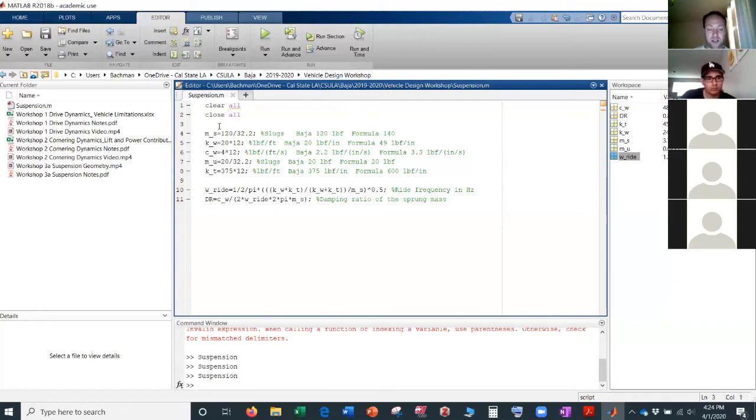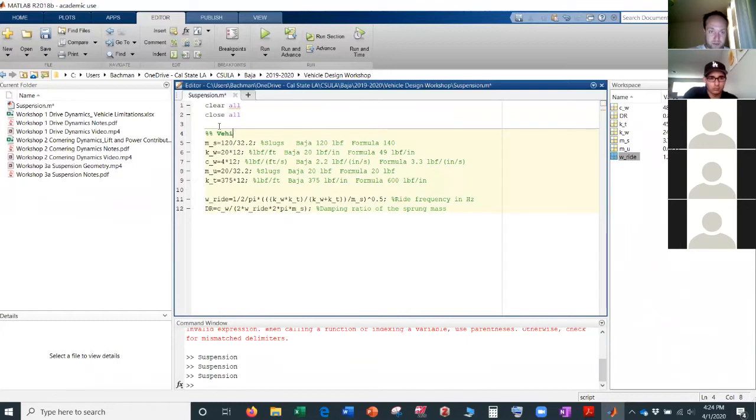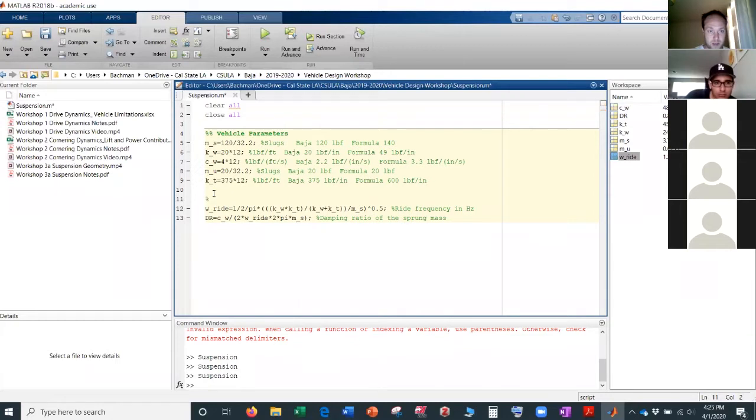So I'm going to call this, I like to use double vehicle. Ideally, if you ever want someone to use your code besides you, you should probably write as much about it as you can.